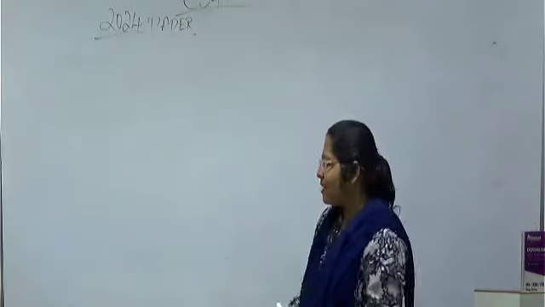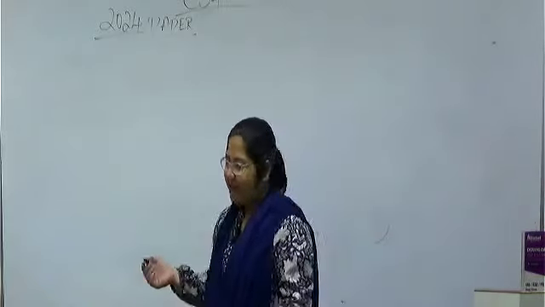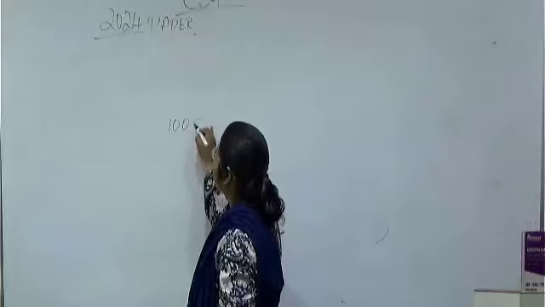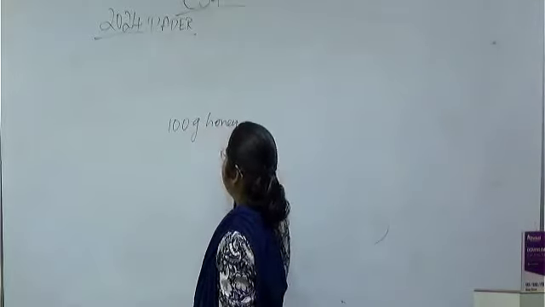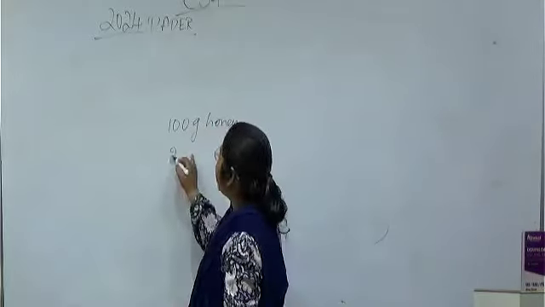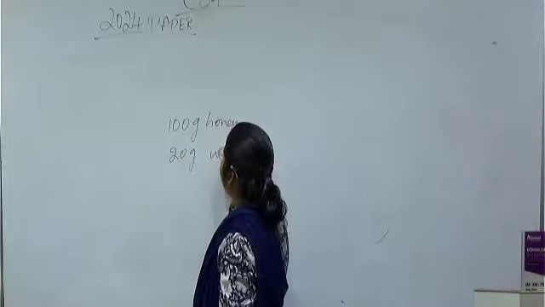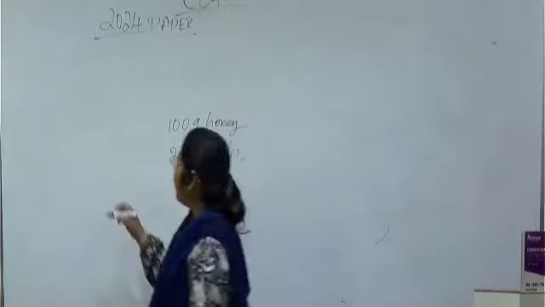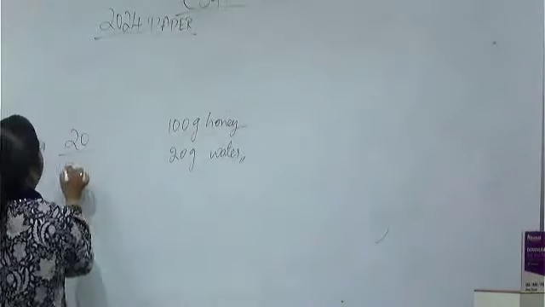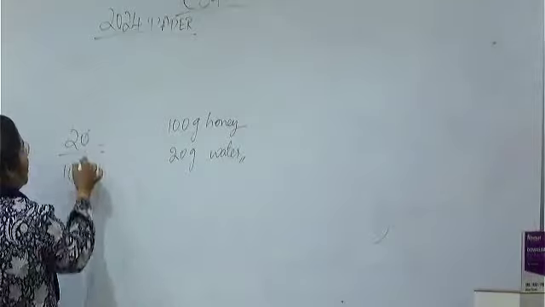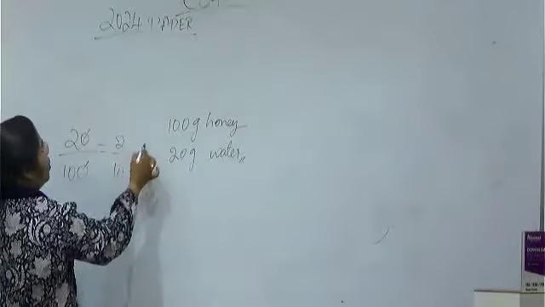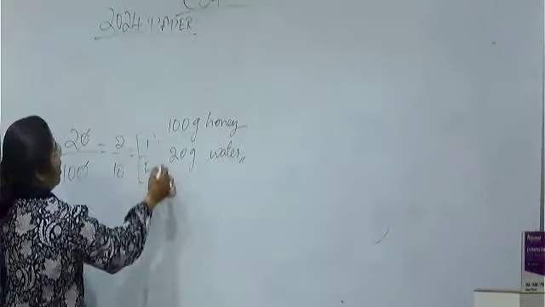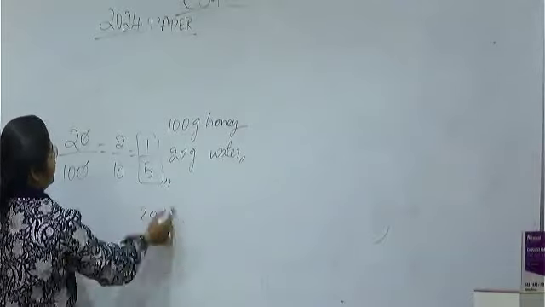Very simple. See, think that you have 100 grams of honey. In that, you are mixing 20 grams of water to get what? 20% profit. 20% of water you are mixing with 100 grams of honey, 2 by 10, to get a profit of 1 by 5. 1 by 5 is 20%.